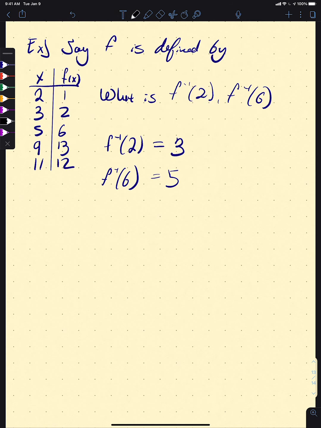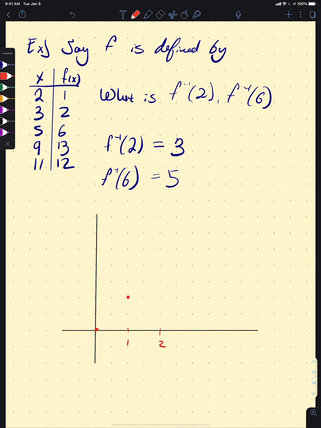We can also do the same thing graphically. Say we have some graph that looks like this. It hits the following points. We'll call this 1, 2, 3, 4. It hits there, it hits there, and it hits there. And we'll connect it with a smooth curve like this. This is a function.